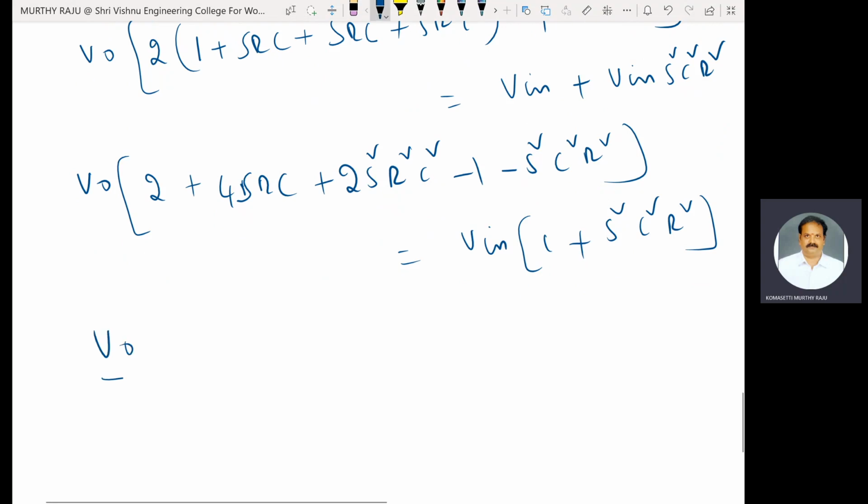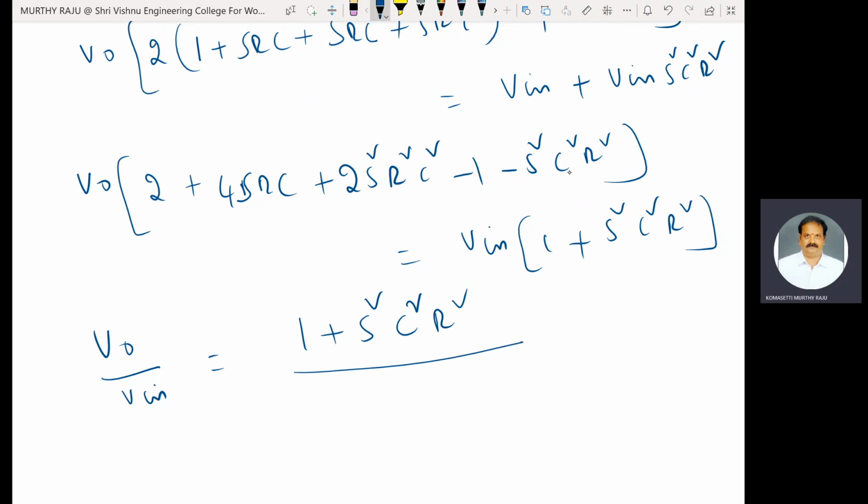Therefore, V naught by Vin is equal to 1 plus S square C square R square by 2 S square R square C square minus S square R square C square, that is S square R square C square, plus 4 SRC, plus 2 minus 1 is plus 1.